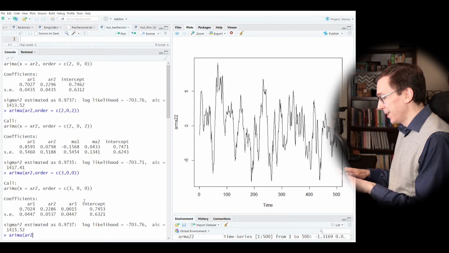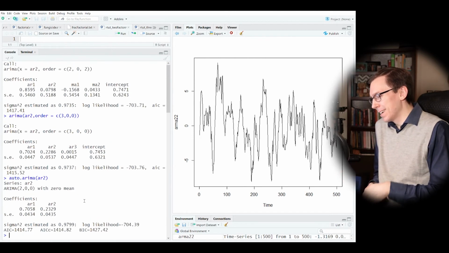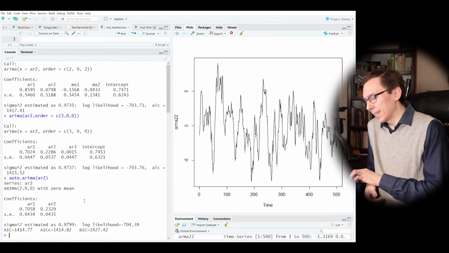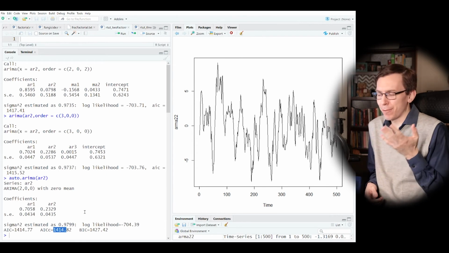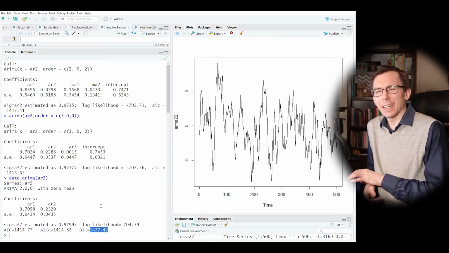Now, if you don't want to go through all the headache of trying to fit different models yourself, you can use auto.arima in the forecast package, and it'll just tell you what it likes the best. In this case, it picked AR2, and it gives you the AIC, the AICc, which I honestly forget the formula. It's like a correction to the AIC, probably like a finite sample correction. I'm not sure. I won't speculate.